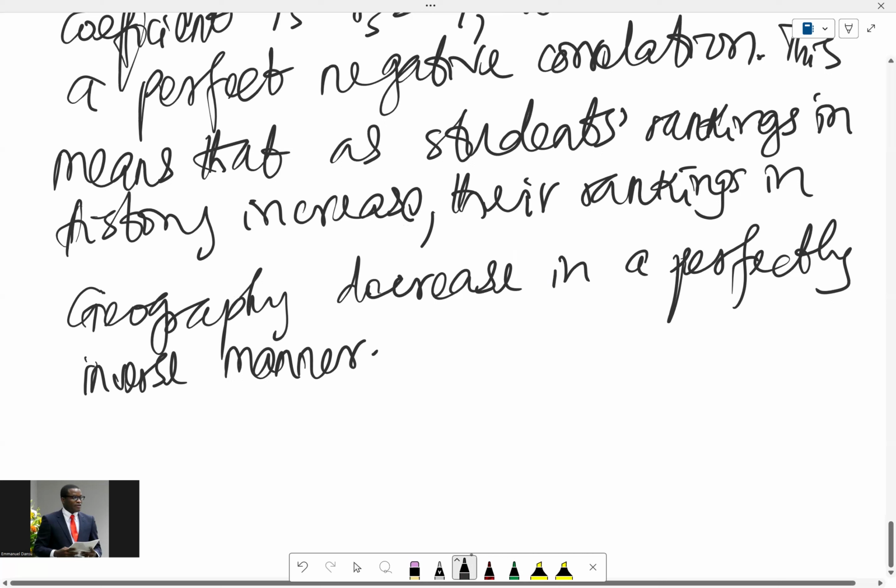Yeah, so we have those two examples. Let's go to the test for significance for all this.